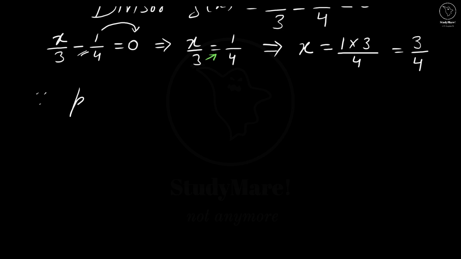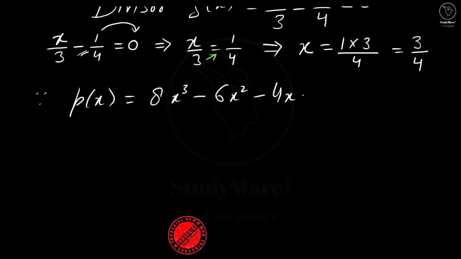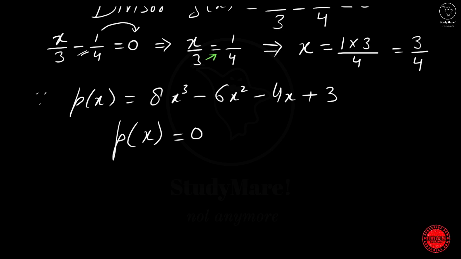Since p(x) is given as 8x³ minus 6x² minus 4x plus 3. Here, the remainder theorem says that g(x) will be a factor of p(x) if p(x) is equal to 0 for the value of x which we are taking from g(x).